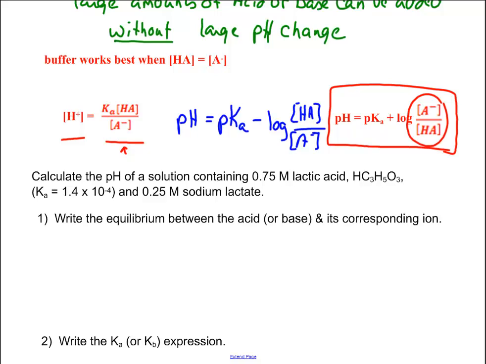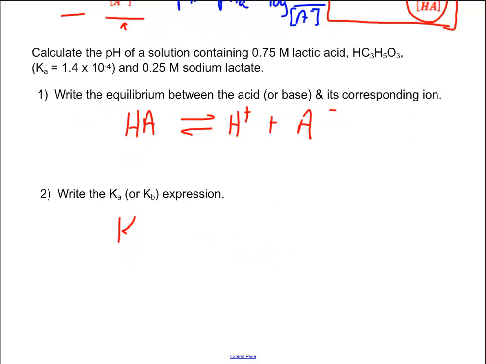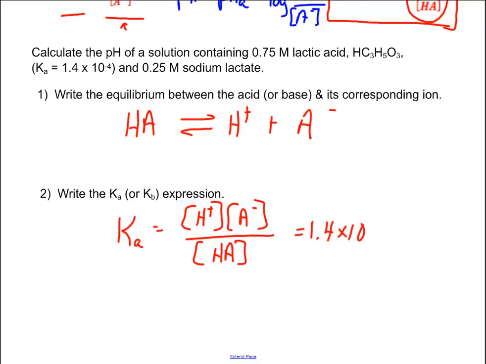So we're just going to use HA for lactic acid, and it dissociates into hydrogen ions and lactate ions. So there's our expression. Now I need to write the K expression. So Ka is going to equal hydrogen ion concentration times anion concentration over the acid concentration. And we're given Ka is 1.4 times 10 to the negative 4.